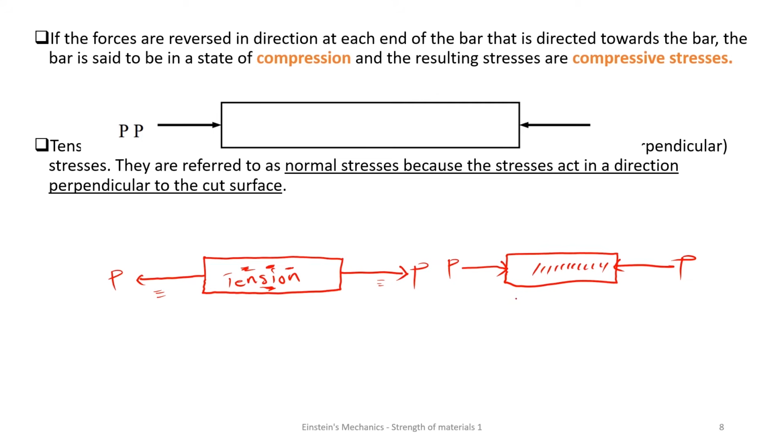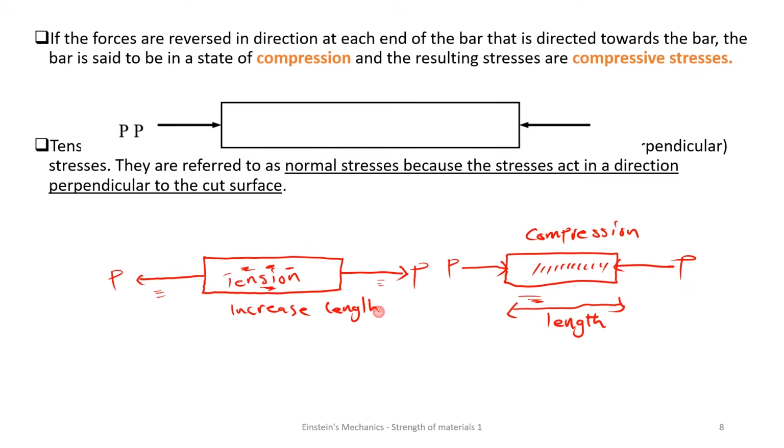Let's look at the difference. Let's get it clear. This is compression and this is tension. As we can see, compression is trying to reduce the length. As a material is compressed, the length is trying to reduce, and tension is trying to increase the length.